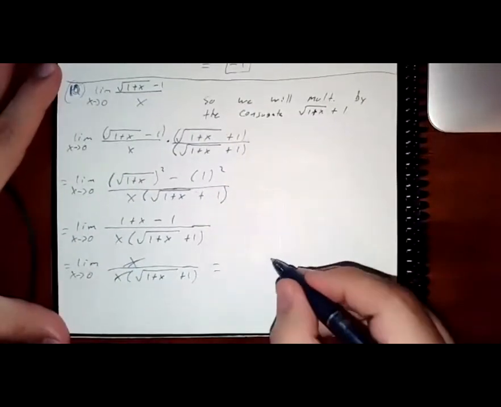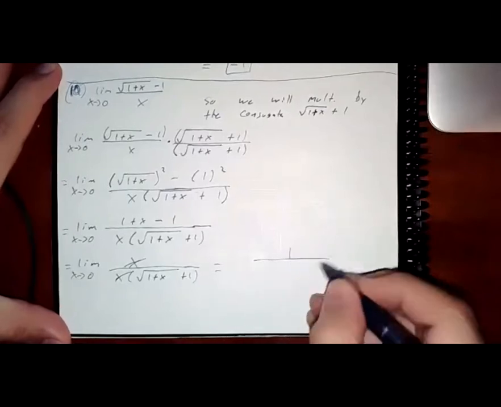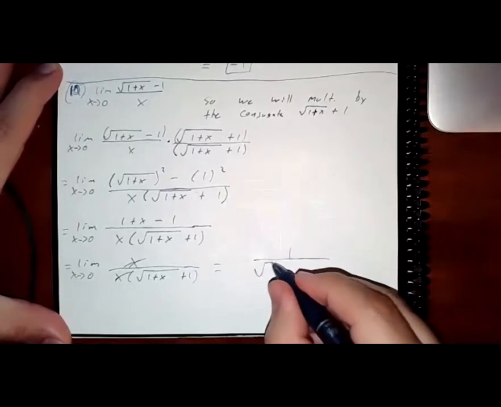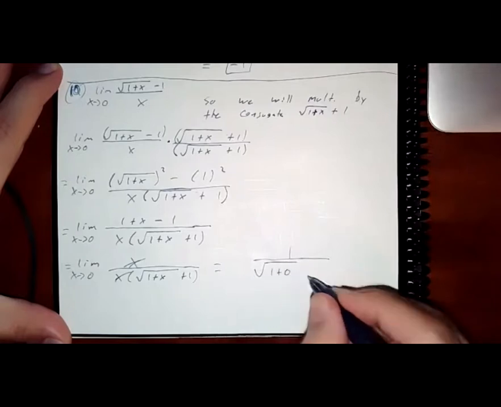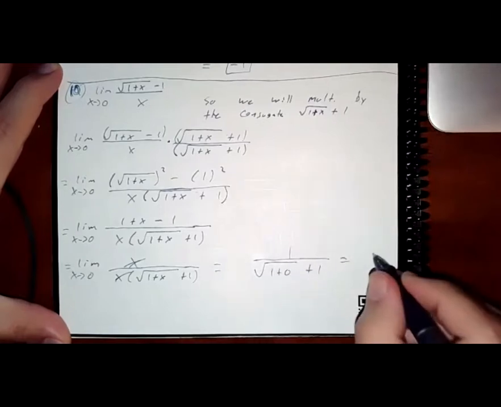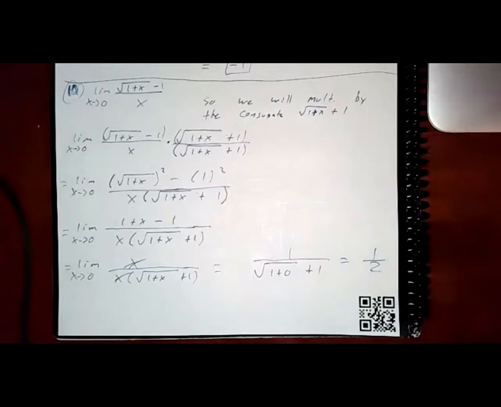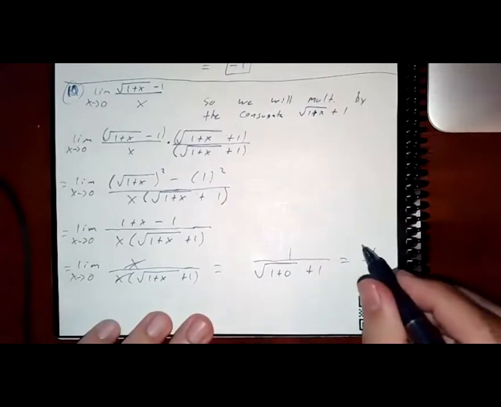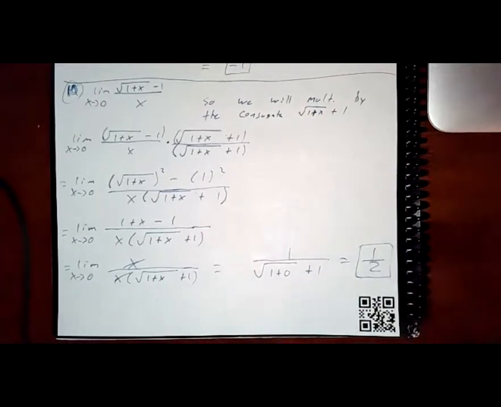Take the limit, and you are left with 1 over 2 times the square root of 1 plus 0 plus 1, which will be 1/2. Are there any steps that you didn't follow or didn't make sense? No, that makes plenty of sense.